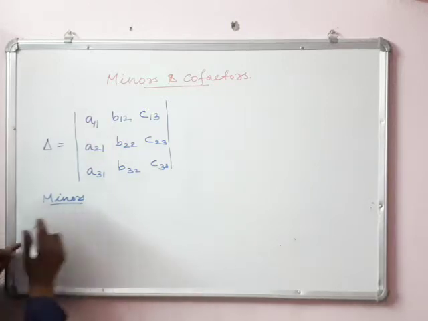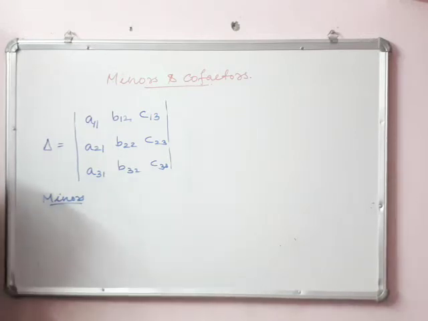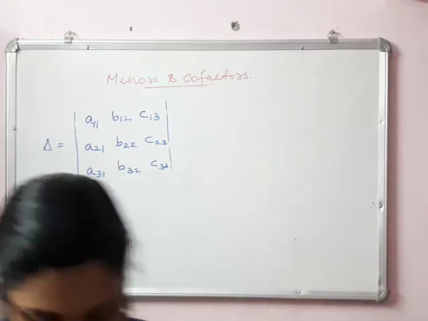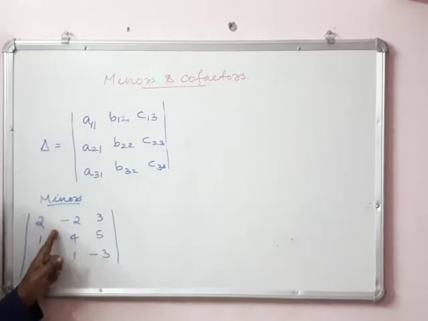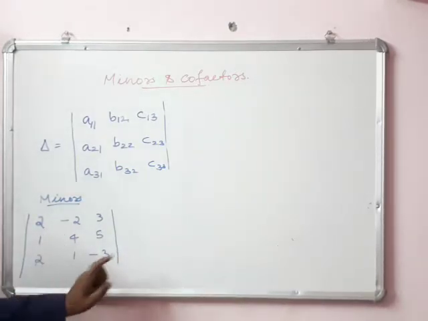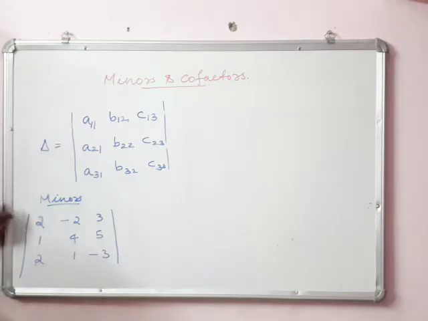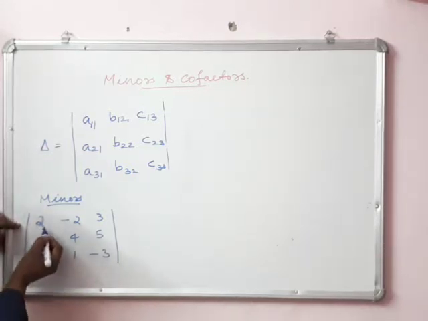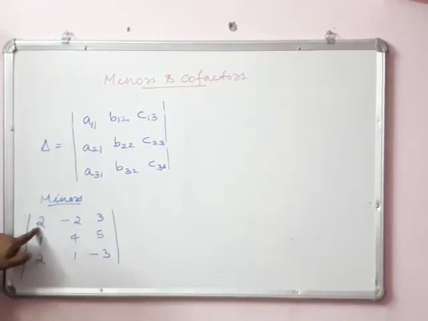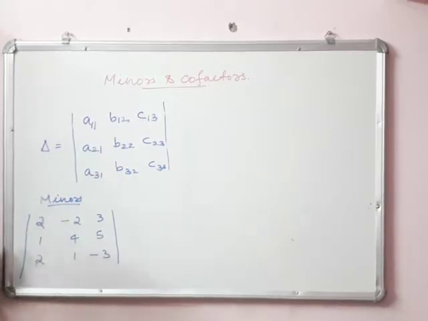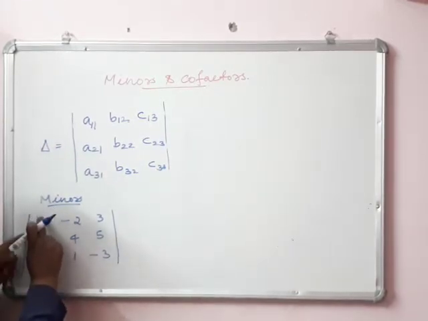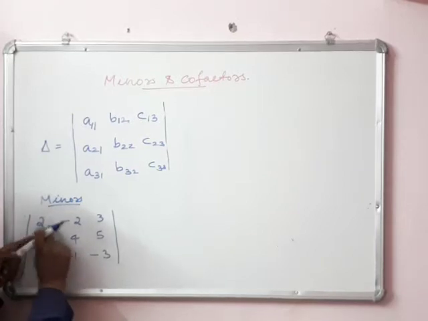For one example, I will solve one example. How can we find the minor of this determinant? This is the first element, 2, so I am going to find the minor of the first one. We avoid the first row and first column.